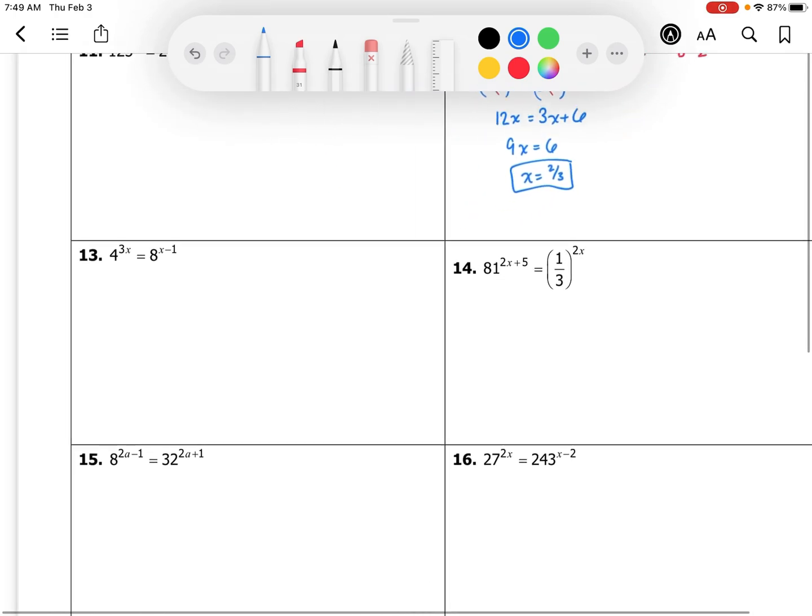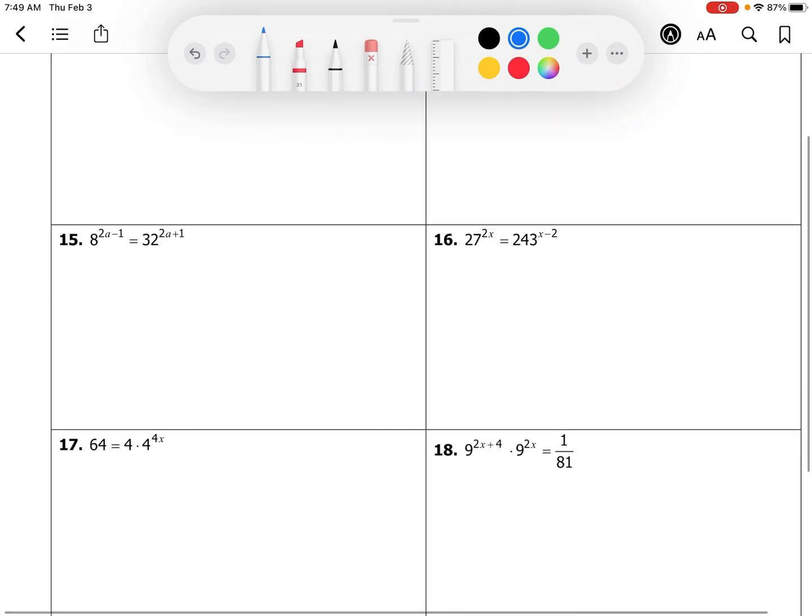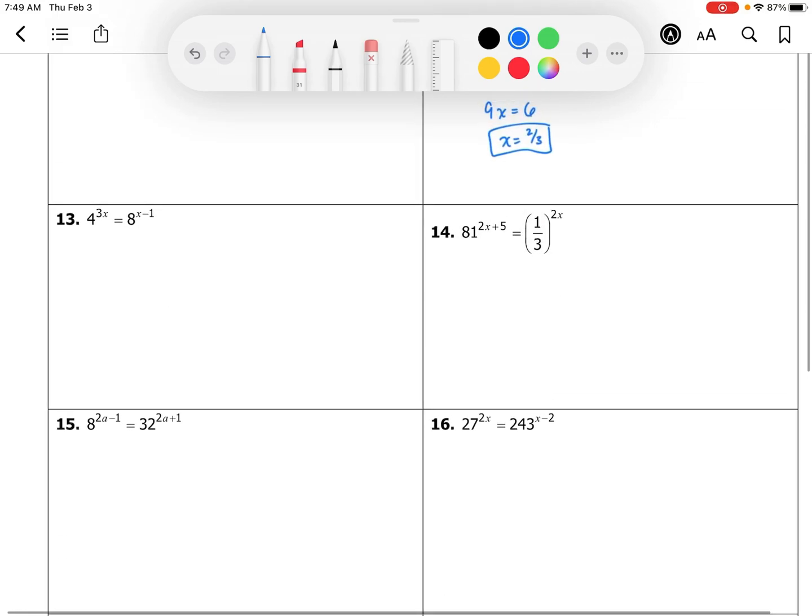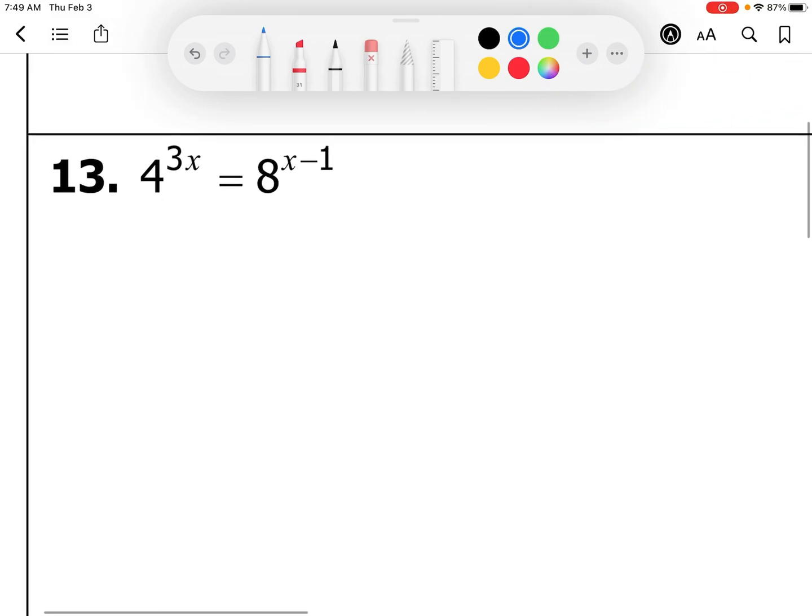Let's do another one of these. What if we had, let's say, a little easier one like 13? I'm going to rewrite my bases of 4 and 8. 4 is like 2 squared. 8 is 2 to the 3rd.